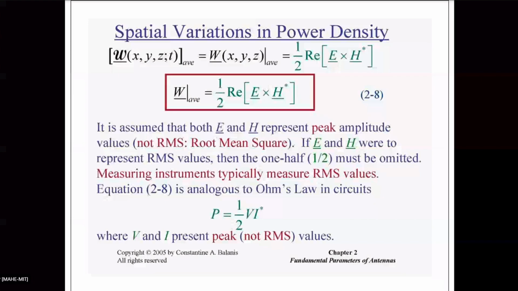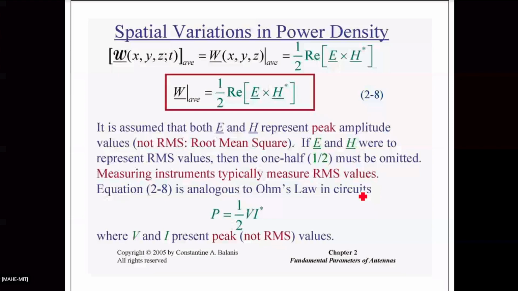Since E and H are magnitudes, we take half, because 1 by root 2 into 1 by root 2 is half. Is it understood?